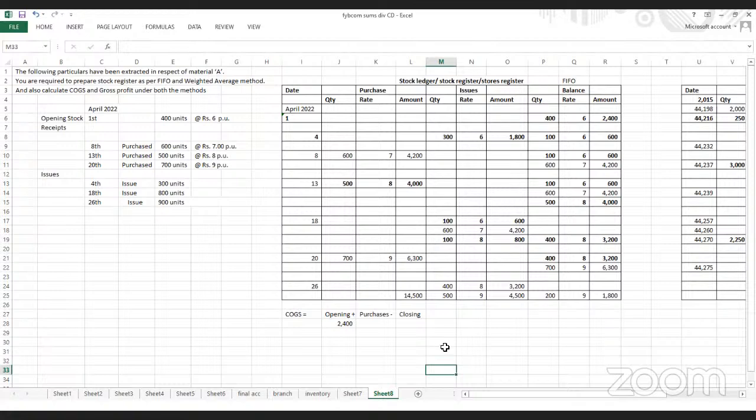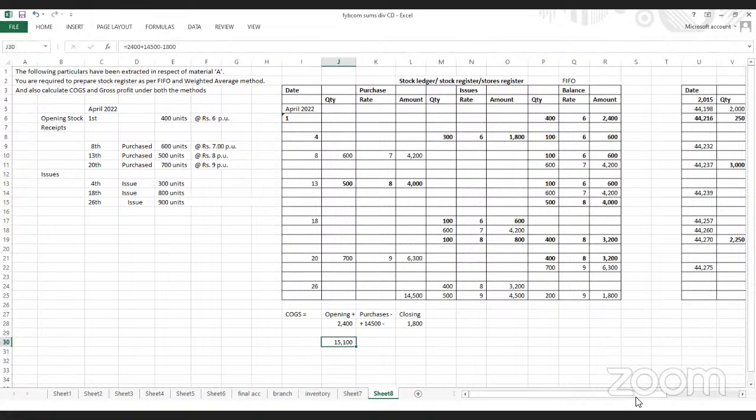It is 14,500. So I'll write here 14,500 minus closing stock. Closing stock is how much? 1,800. So my COGS value is 2,400 plus 14,500 minus 1,800. Clear? Students, this calculation has marks. This will be COGS value.